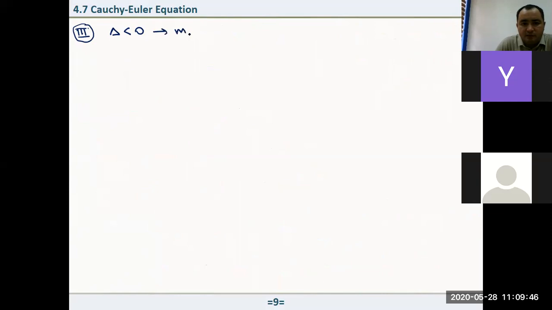So m sub 1 will be equal to, what is this? Something here we have complex. So let's say it is in this form, alpha plus i beta. And m sub 2 will be alpha minus i beta, right? Because we have complex roots here, because this discriminant is less than 0.